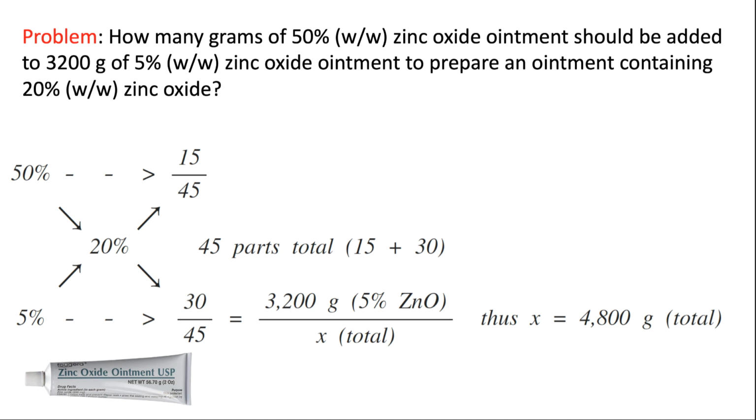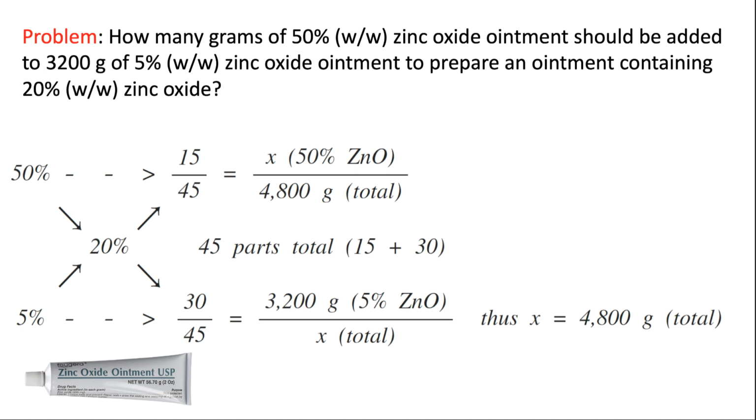Now, I've got to remember, that's not really what I wanted to know. What I wanted to know was the weight of the 50% zinc oxide to use. Well, now I can go back up to my top proportion for the 50%. Remember, I have 15 parts of the 50% for every 45 parts of the total weight. While I don't know the 15 parts weight, I do know that my 45 parts weight is equal to 4,800 grams.